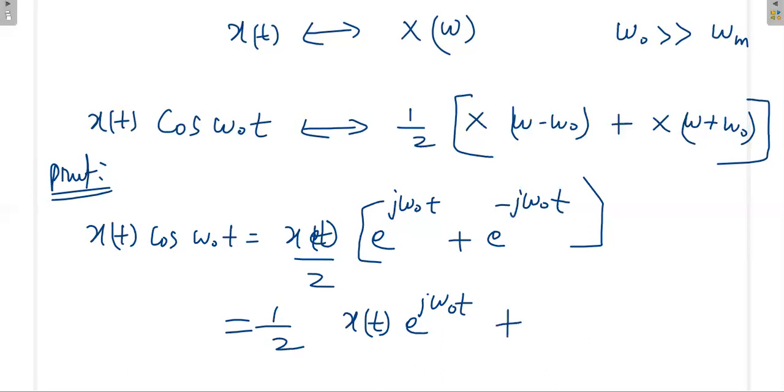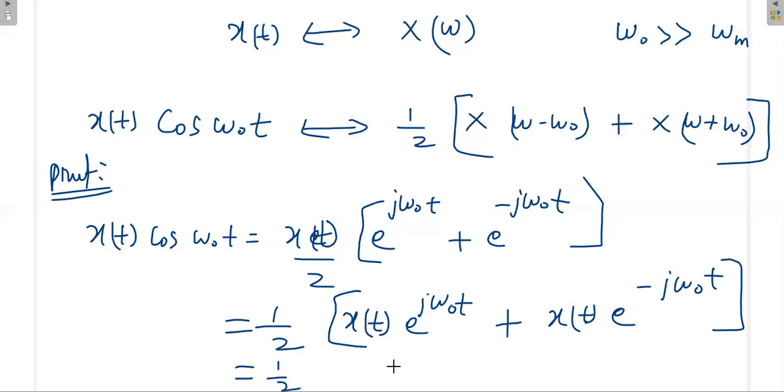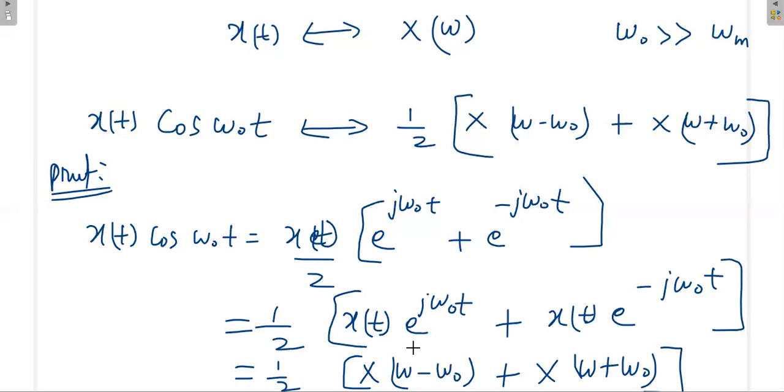In the time domain we are having exponential multiplication, so we will have a shift in the frequency domain, that is X(omega minus omega naught) and X(omega plus omega naught). This we have already seen. Shifting in the frequency domain is the exponential multiplication in the time domain, so this is proved.